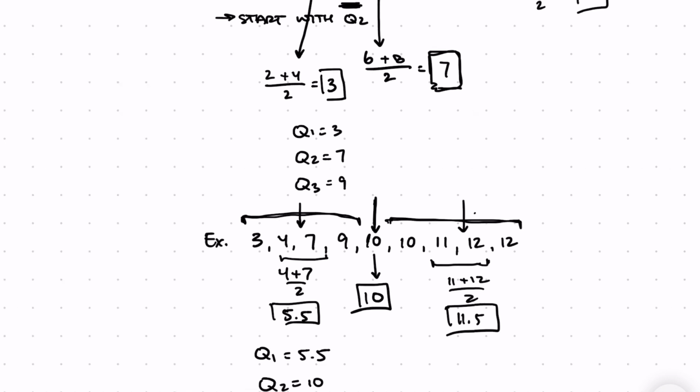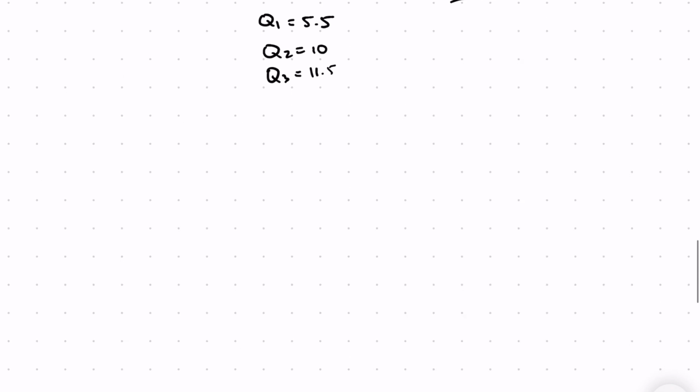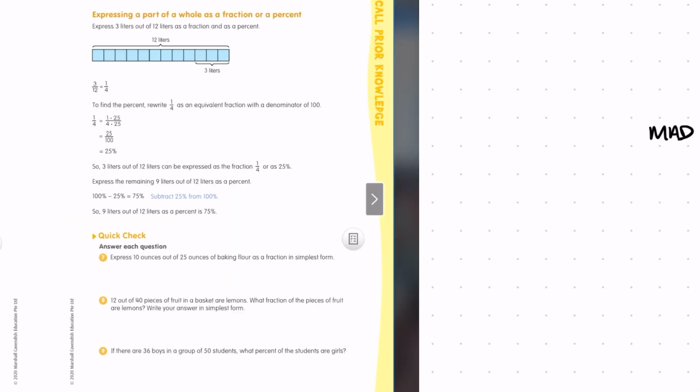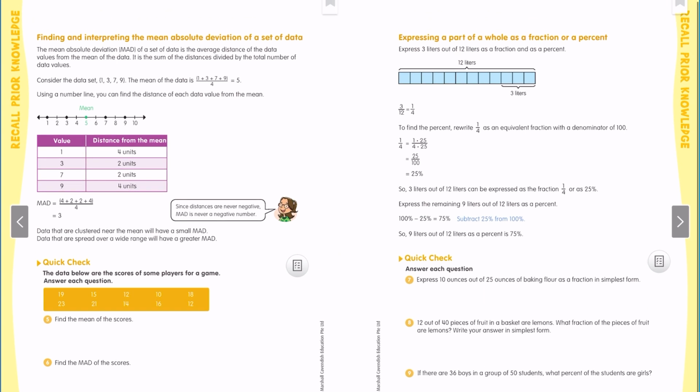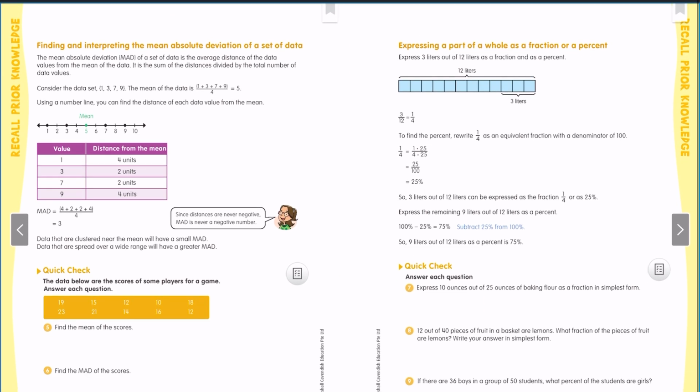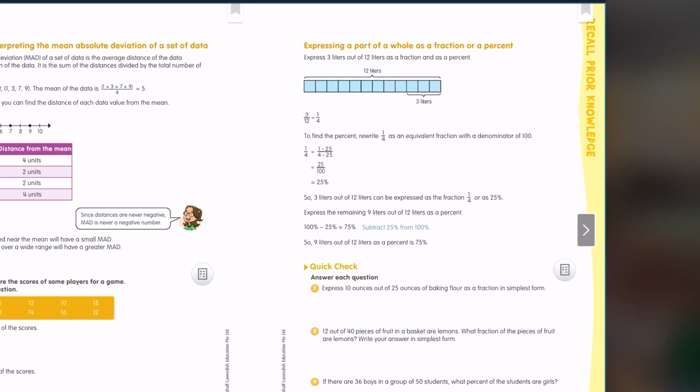So this leads to the next part, which is the MAD. So the MAD, if you look at the textbook here, it stands for the mean absolute deviation.